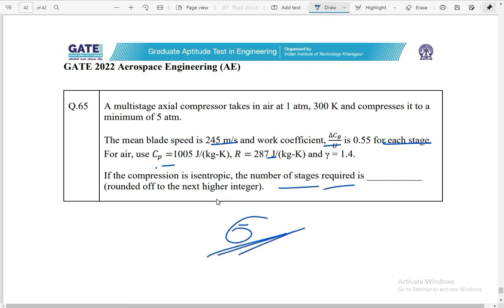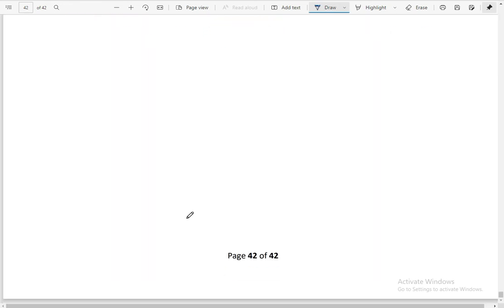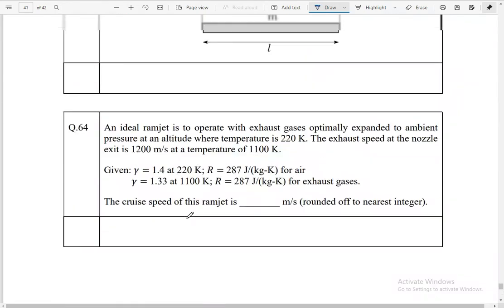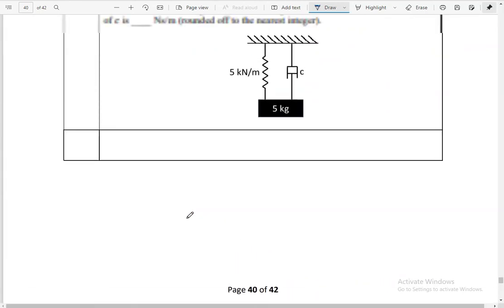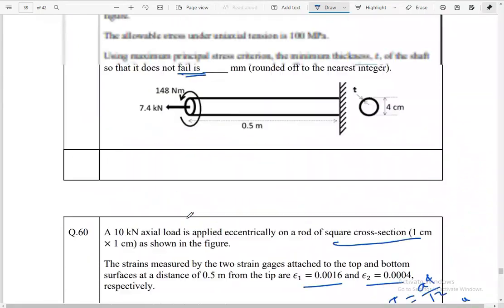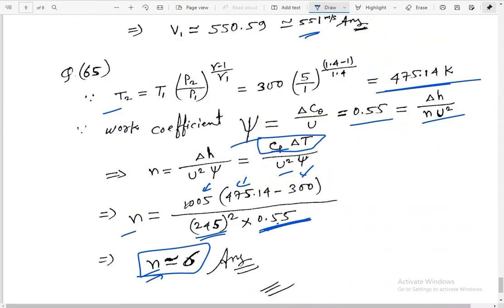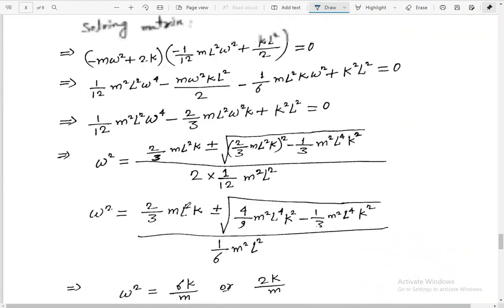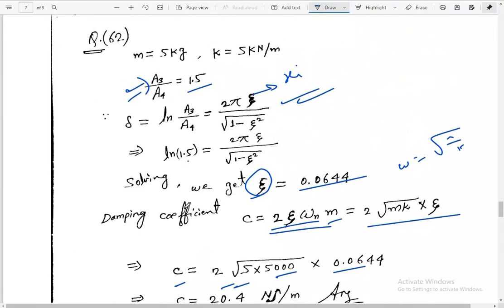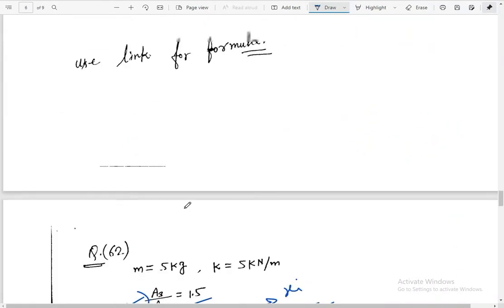So this is all about the GATE Aerospace 2022 solutions. I have mentioned everything here, and these solutions may be different from your solution. Many of the questions you can solve very easily, and here you can find the difficulties.